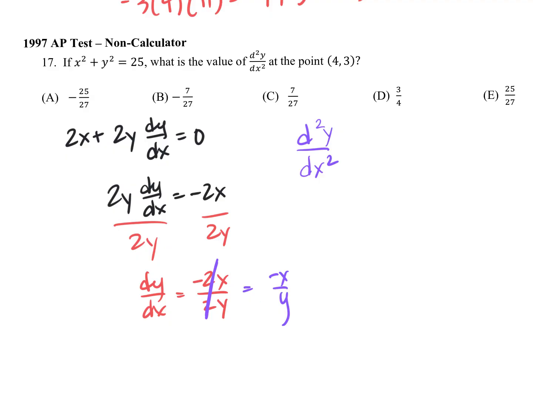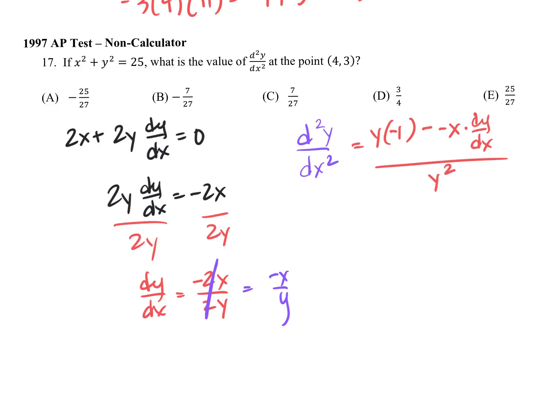What's my low? D high. Minus high. D low. All over low squared. So don't change it. Just over a low.